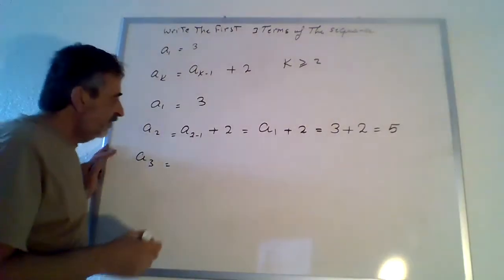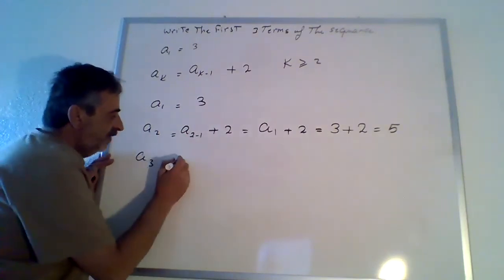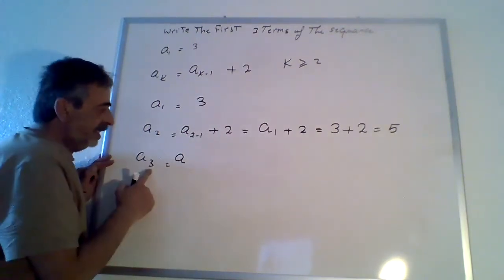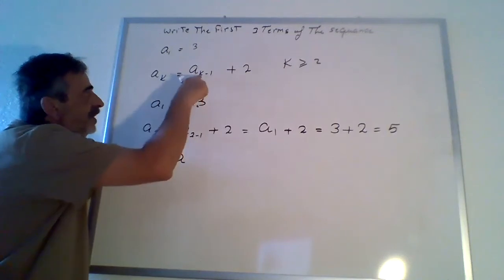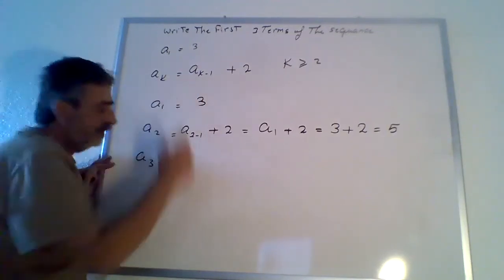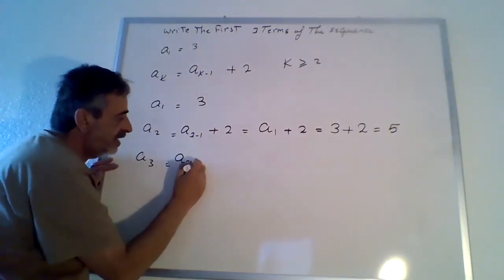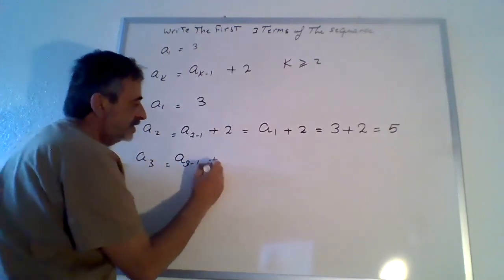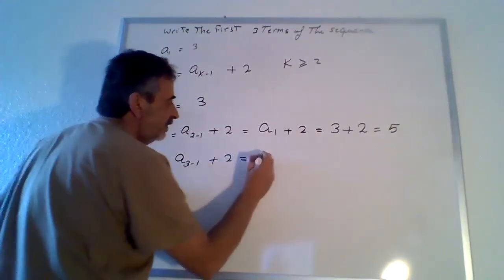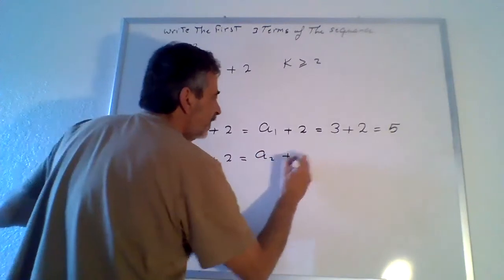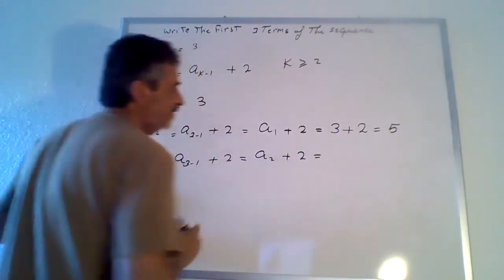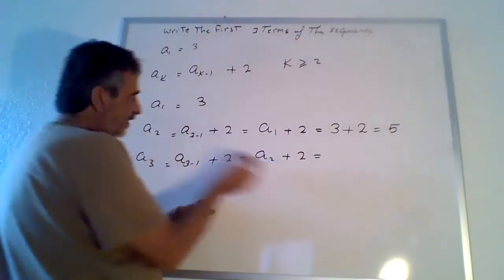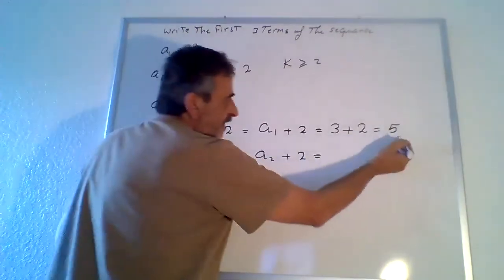So this is the second term of the sequence. Now for the third term, we have A3, and we use again the formula, replacing k by 3. So that'll be A(3 minus 1) plus 2, which is equal to A2 plus 2. A2 we already found is 5.